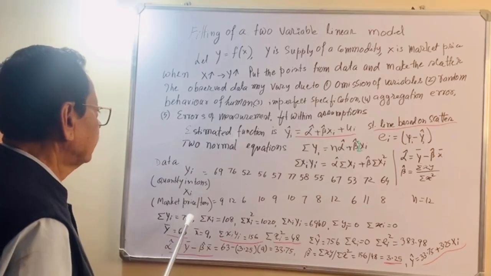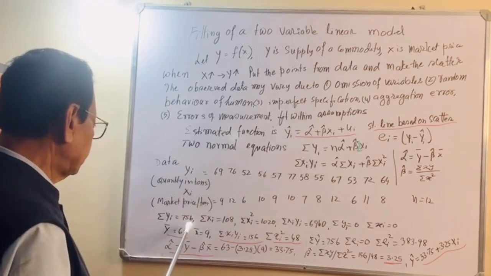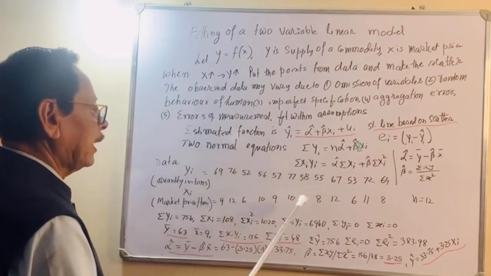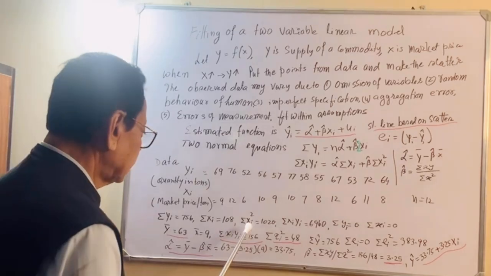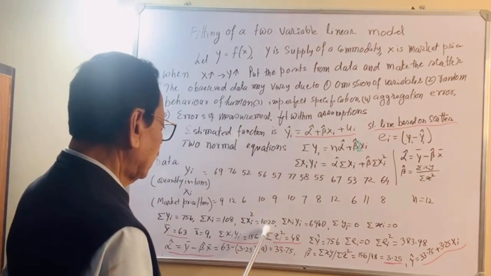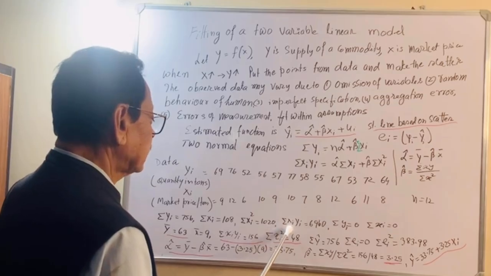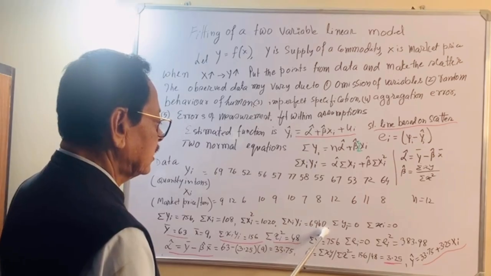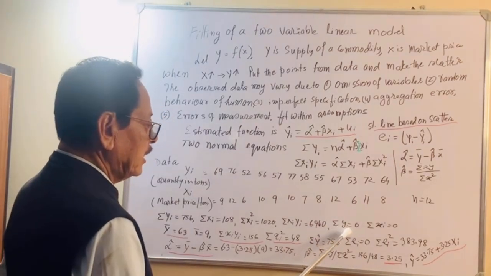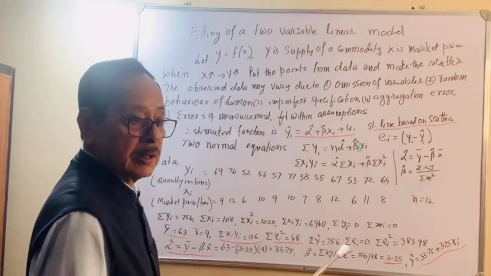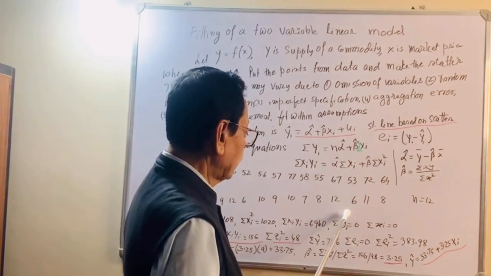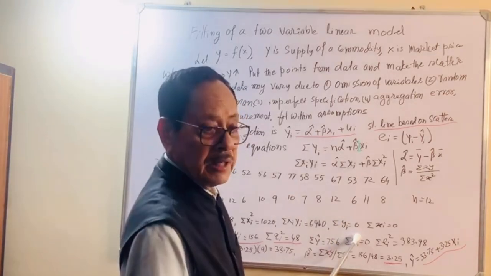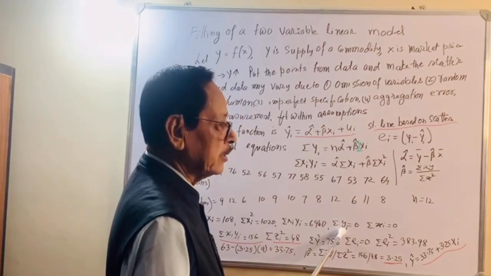So summation y, if we add, is equal to 756, summation xi, if we add this series, is 108, summation xi square is equal to 1020, and summation xi yi, this is non-deviated, that is 6960, and this is deviated, summation y is equal to 0. Sum of the data with mean deviation is always 0.